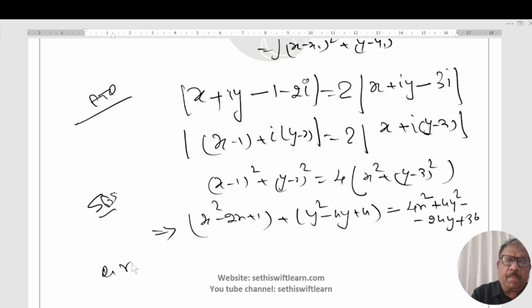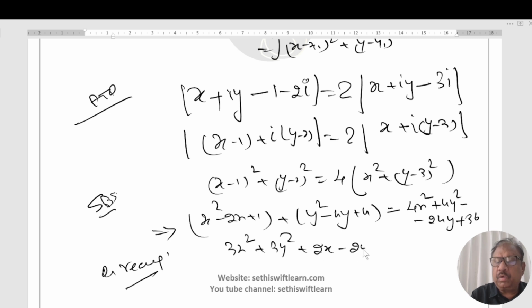On rearranging, we get 3x square plus 3y square plus 2x minus 20y plus 31 equal to 0.